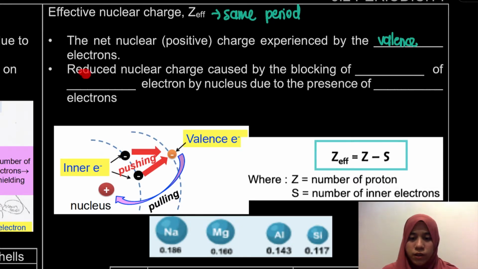The reduced nuclear charge is caused by the blocking of attraction of our valence electron by the nucleus due to the presence of our inner electrons.